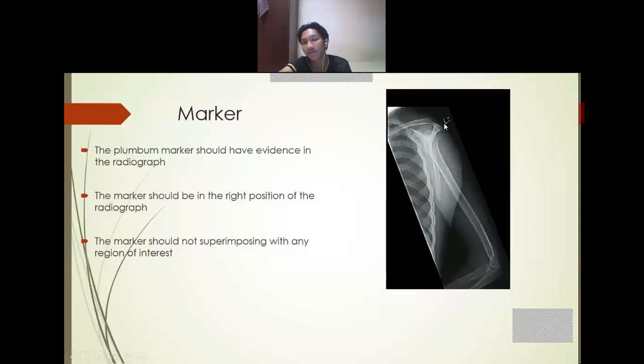So it is left right here. If it is right, we need to use the right marker. The marker should not be superimposing with any region of interest. So that is for marker.